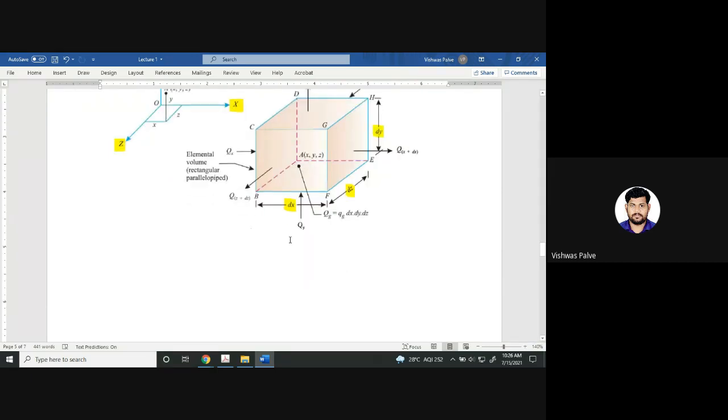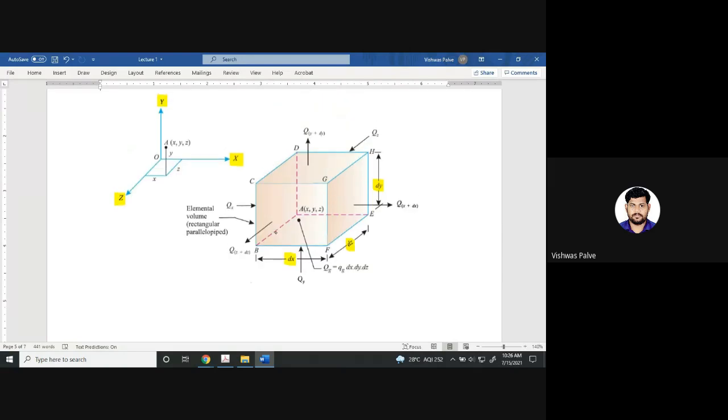Similarly, Qx is the heat entering the body in the x direction, and Qx plus dx is the heat leaving the body in the same x direction. Similarly, in the y direction, Qy is entering the body and Qy plus dy is the heat leaving the body.